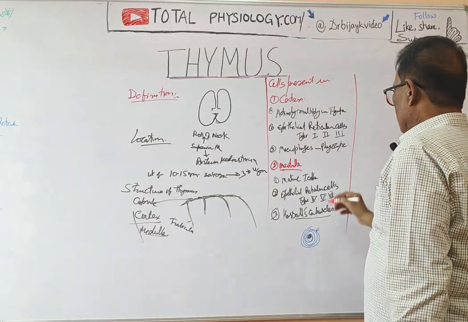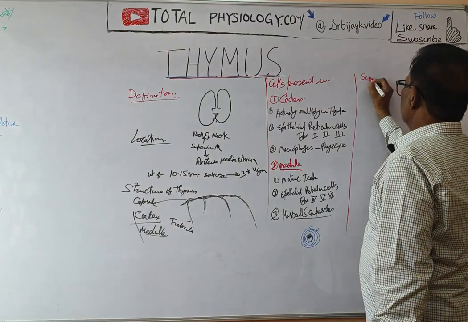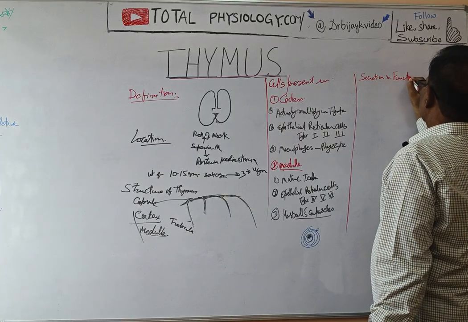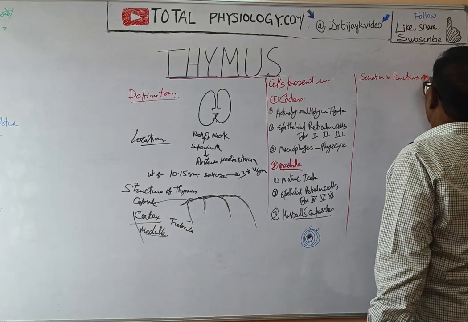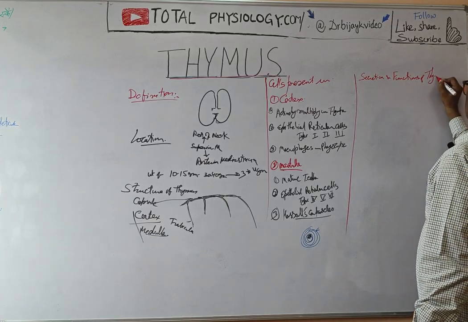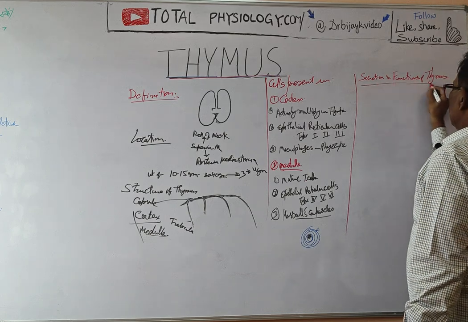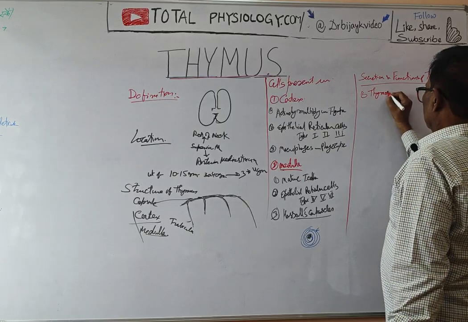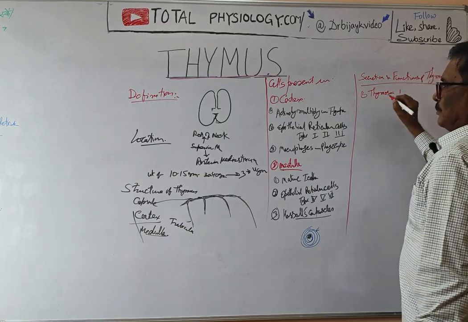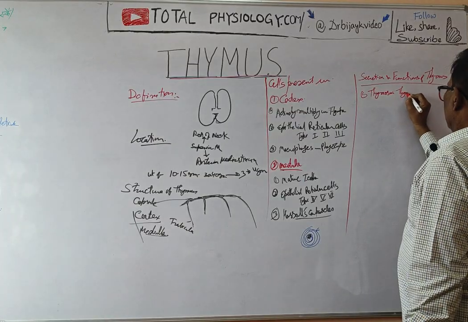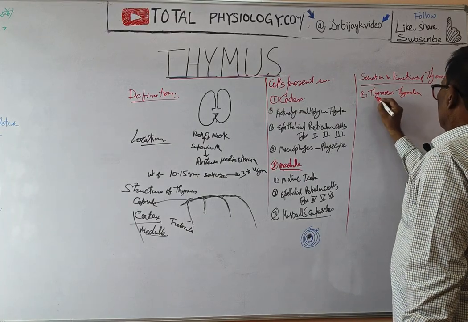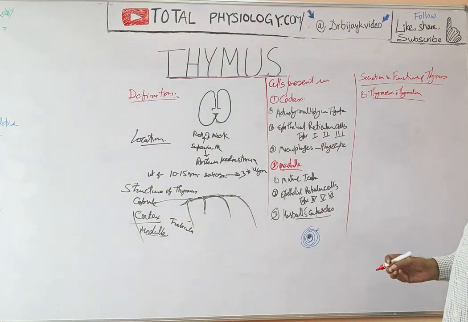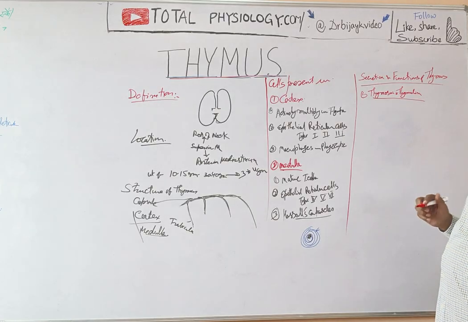This is the structure of the thymus gland. Now coming to secretion and function of the thymus gland. Number one, thymosin and thymolene. These secretions are from the specialized reticular cells.